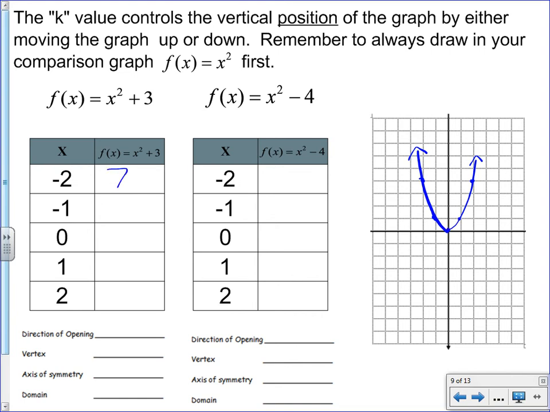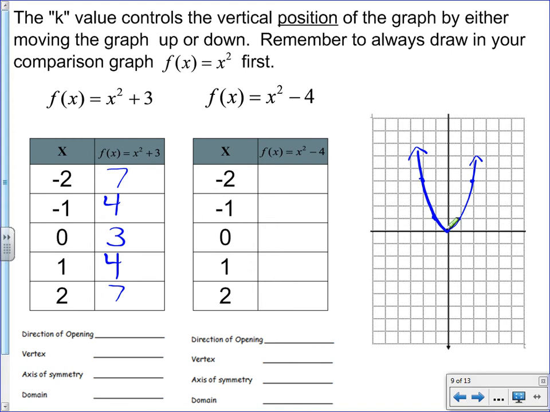Robbie, what's f at negative 1? 4. David, f at 0. 3. Nick, what's f at 1 here? 4. Other Nick, f at 2. 7. So I'm going to plot that out.